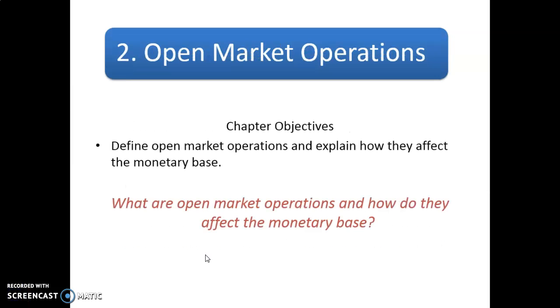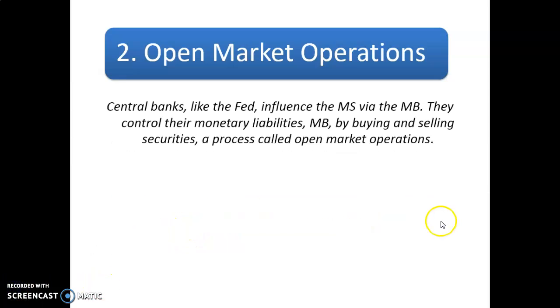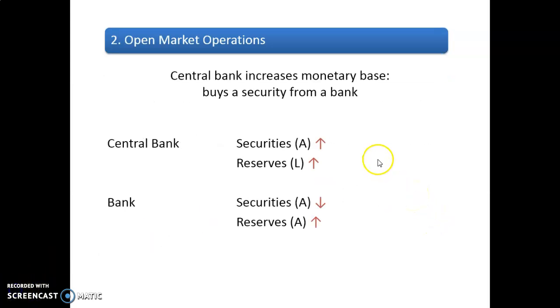In section 2 of the text, we look at open market operations, and basically open market operations are another way that the central bank can affect the monetary base. Central banks conduct open market operations by buying or selling securities. So here's an example of how the central bank increases the monetary base. Let's say the central bank buys a security from a commercial bank.